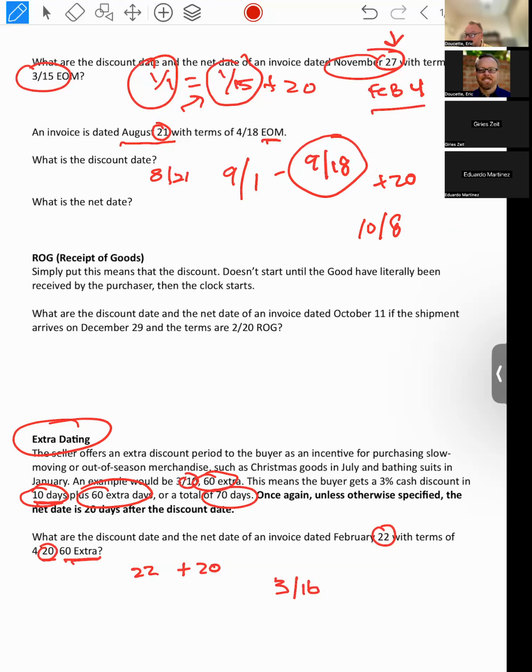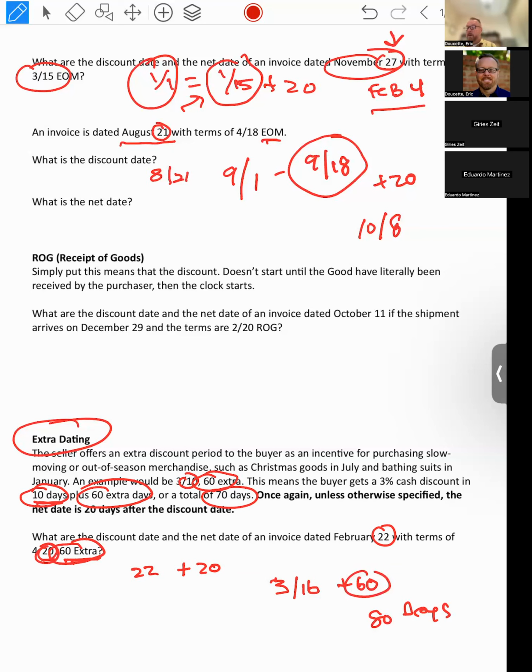That would be your discount date, but then you get another 60 days. That's what extra means. So 60 days more after the discount period, versus before when it was N30, you included the discount period. In this case, it's extra, so you don't have to include it in the discount period. So you're getting really a total of 80 days. You're getting 20 for the discount period and then 60 for the extended.